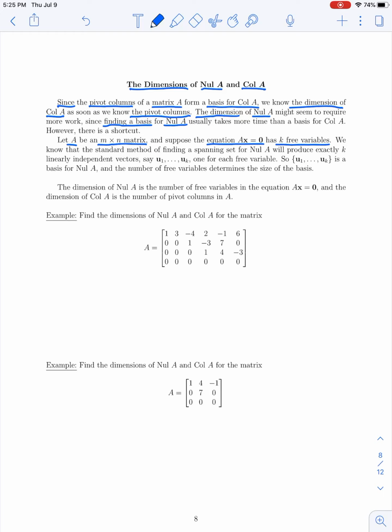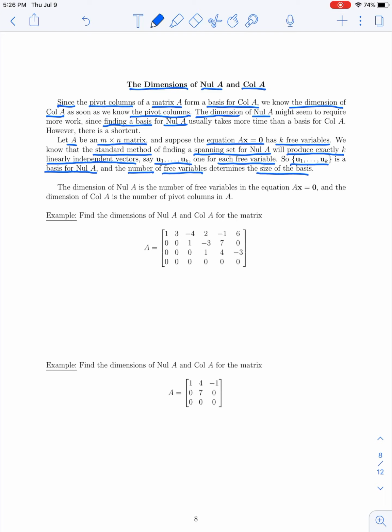We know from our section 4.2 material that the method we would use to find the spanning set for the null space of A will produce k linearly independent vectors, say u1 through uk, where we have one vector for each free variable. So the set u1 through uk is therefore a basis for the null space of A, since these vectors are linearly independent, and the number of free variables determines the size of the basis.